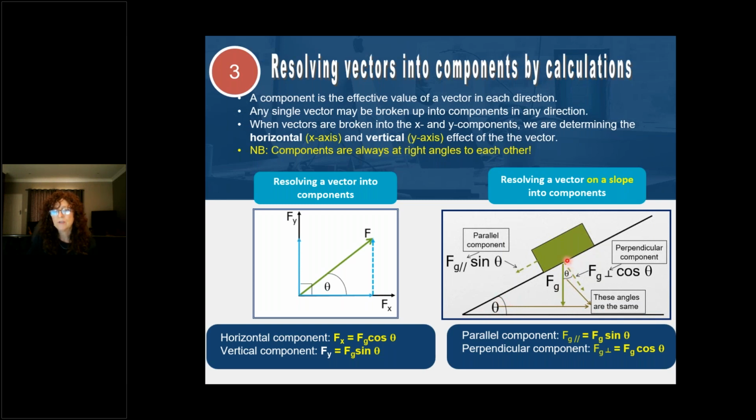So this is the weight of the object, and perpendicular to the slope you will find the perpendicular component. Again, it's cos theta, and the parallel component is sin theta.